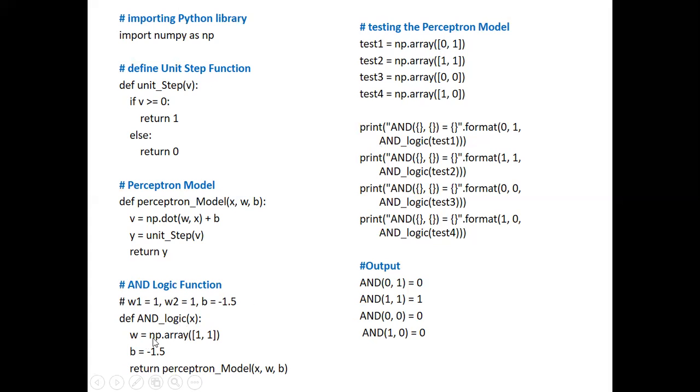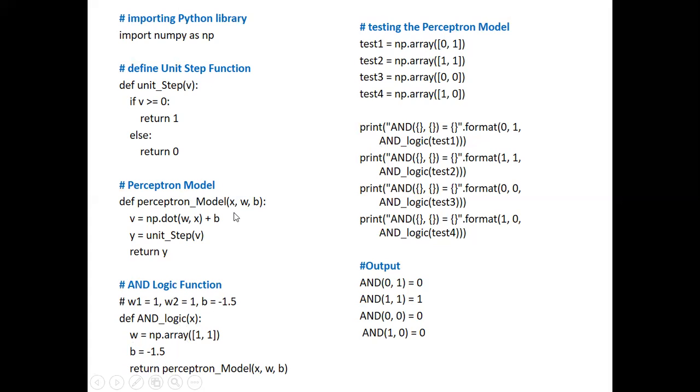Fine. When it comes here, we are creating a weight vector with the value 1, 1. So here x1 weight will be 1 and x2 weight will be 1. What is x1? X1 is 0, x2 is 1, two inputs. Now bias, as we already predefined, is minus 1.5. Then it will call the perceptron model with all these values.